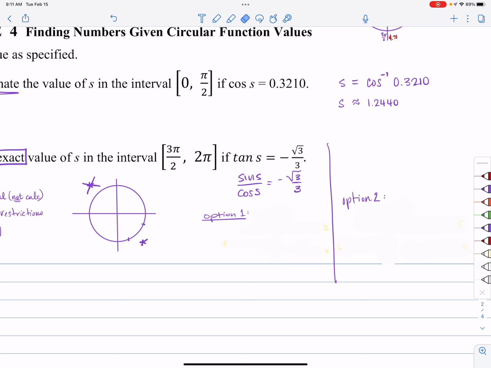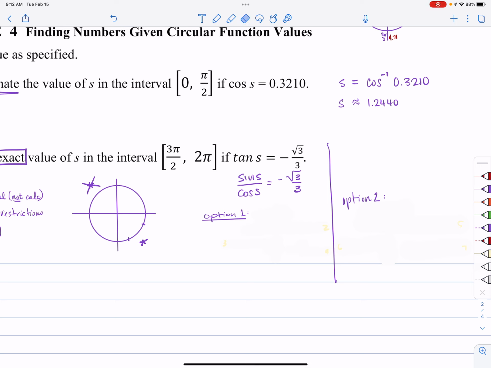So what we're looking for is an angle in the fourth quadrant, some angle S, that when I take the sine value divided by the cosine value, I'm going to get root 3 over 3 with a negative. That can't possibly occur in the middle of the quadrant because tangent in the middle of the quadrant gives me a negative 1. So the only two places, and you can see that I've marked them on my circle here, that that can happen are going to be at 5 pi over 3 or 11 pi over 6.